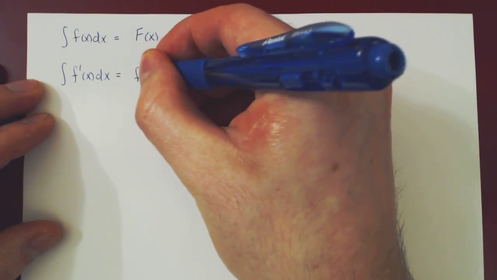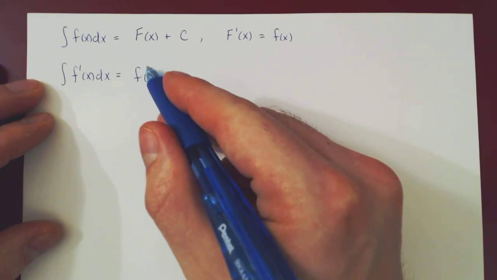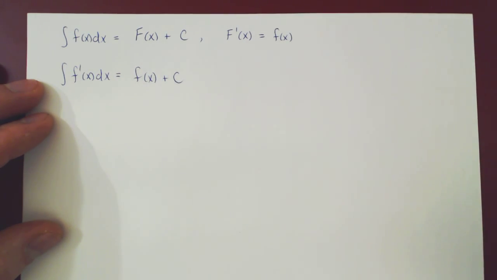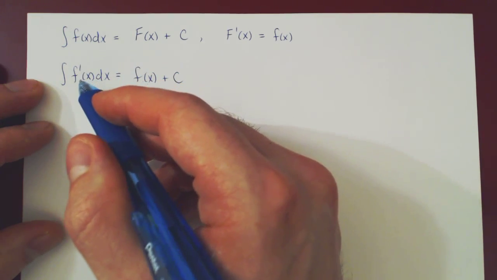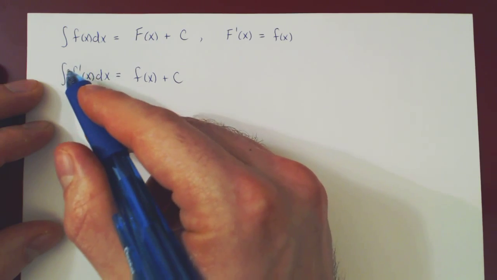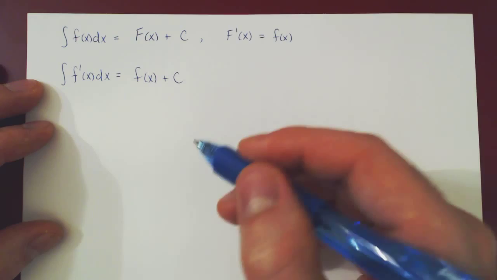Well, obviously, f of x itself. If you differentiate f of x, you get the derivative of f of x, right? This is a trivial statement. So you see, if you have the function f, if you differentiate first, then you integrate, you get back the function f up to a constant.